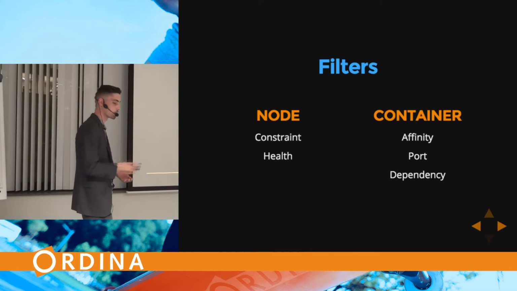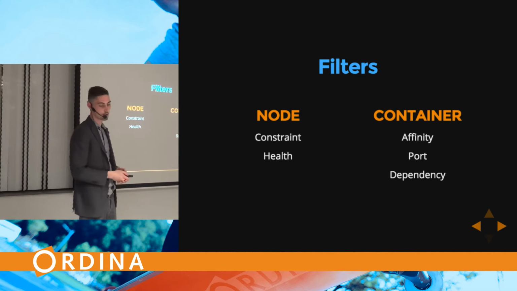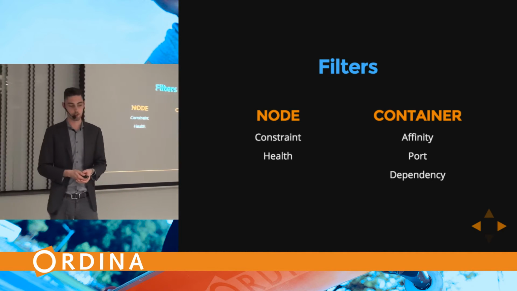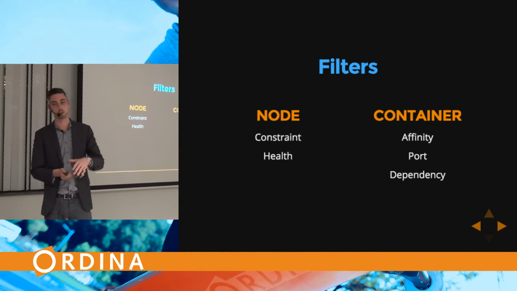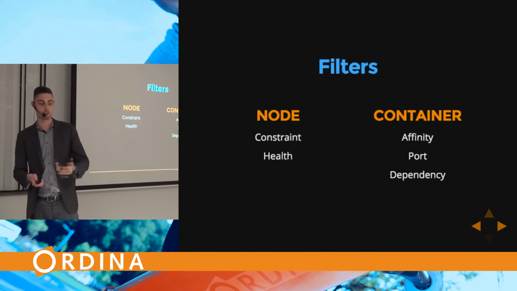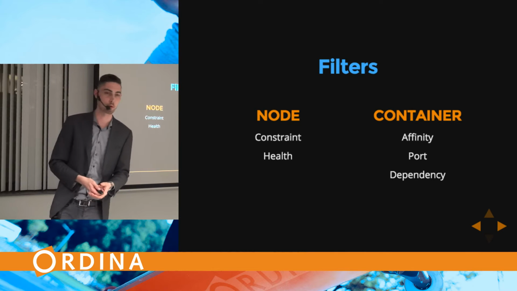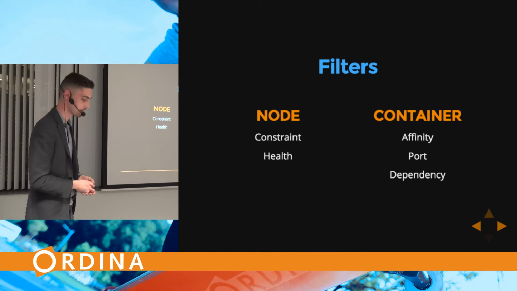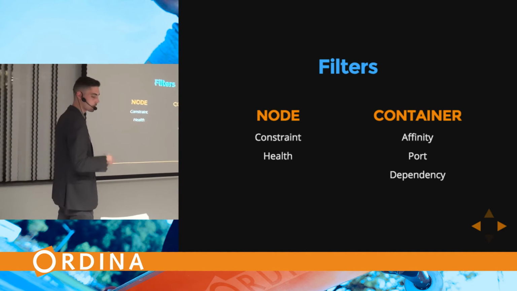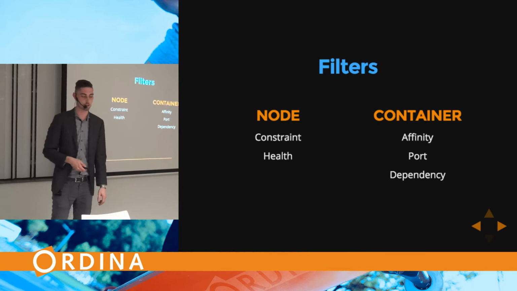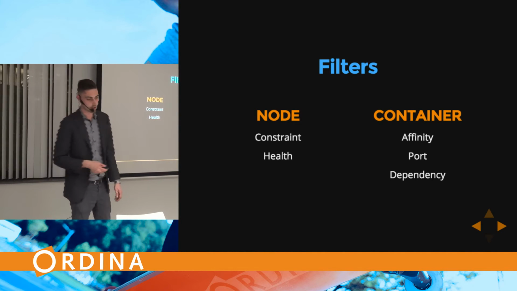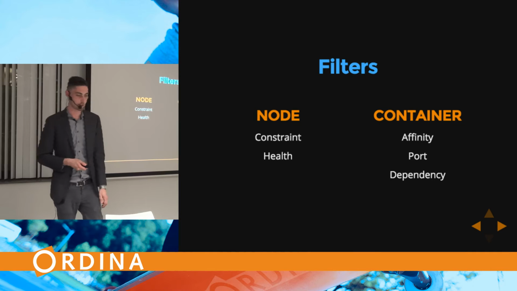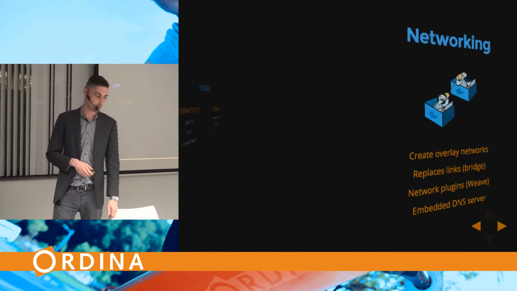Or you can also use a dependency filter that says, I only want to run this container where the Redis image has already been pulled, already downloaded. And you can also use all kinds of regular expressions, so you can do some really crazy things with it.